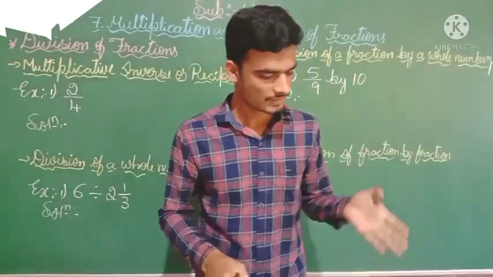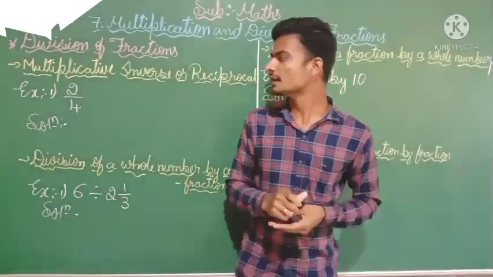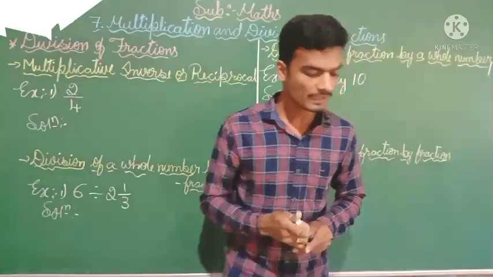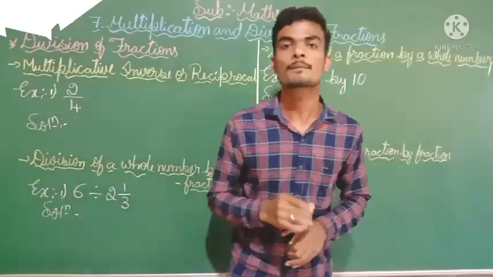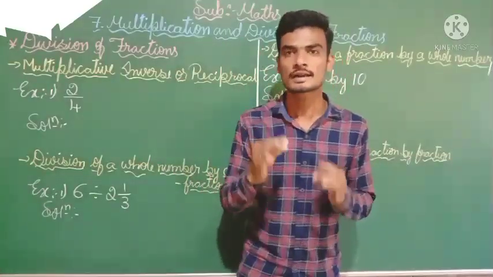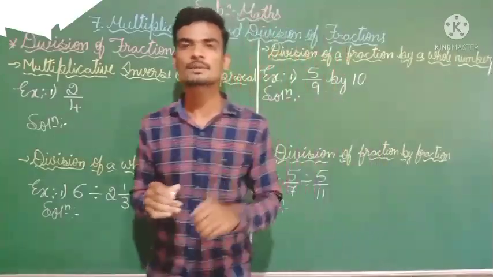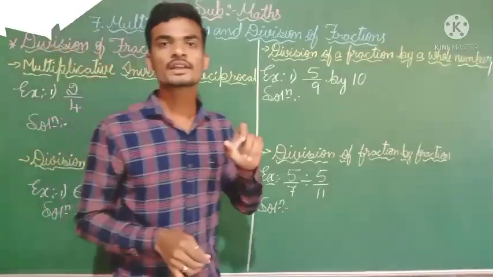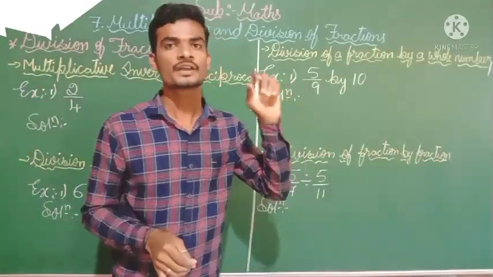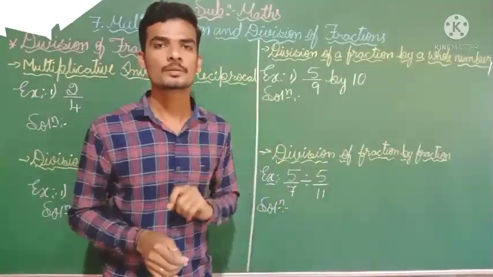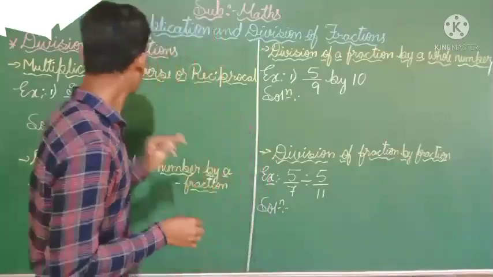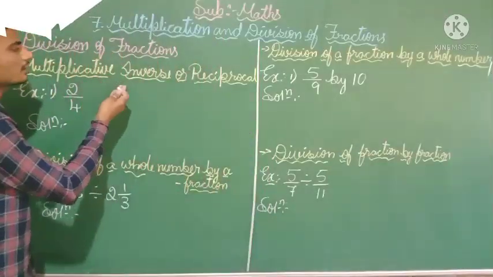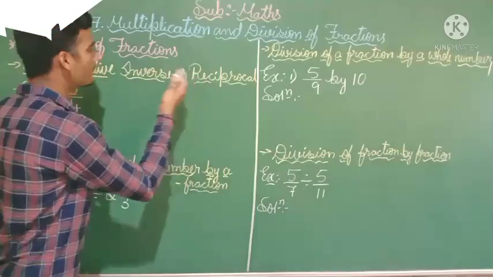Before going to division of fractions, first we have to learn about the multiplicative inverse, or reciprocal. The multiplicative inverse or reciprocal tells that the denominator should come at the numerator and the numerator should come at the denominator. This is the only thing that we will see in a multiplicative inverse or reciprocal.